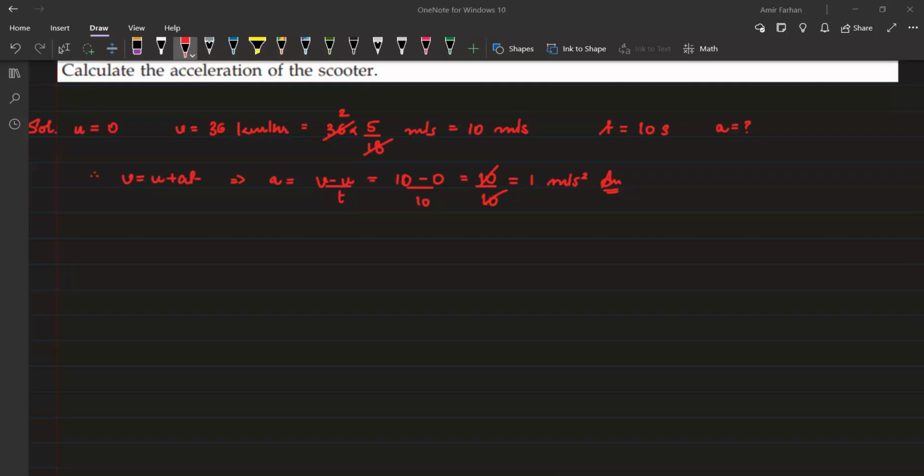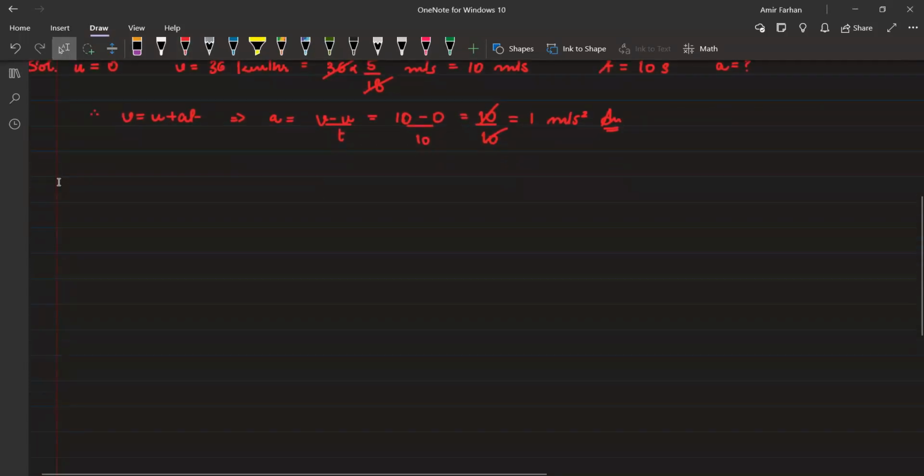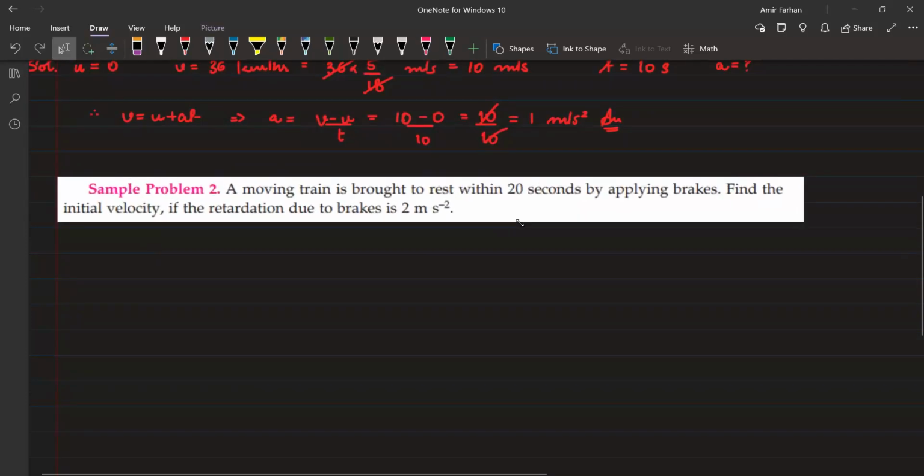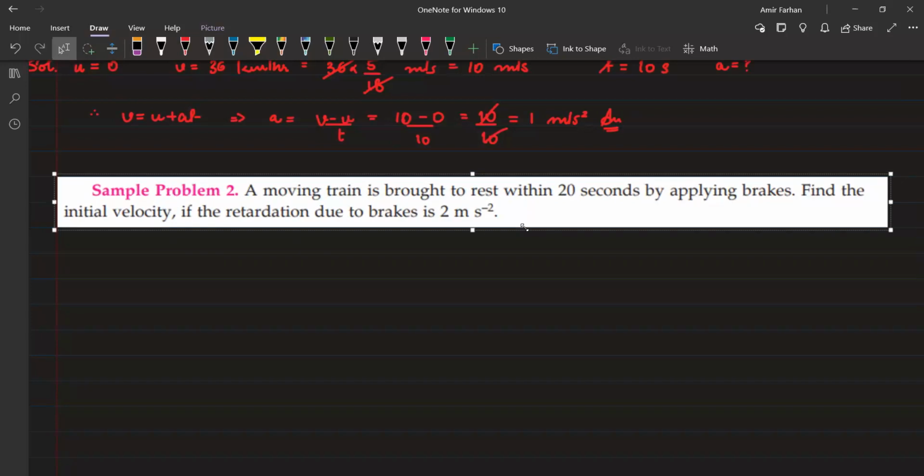Let's do one more question. This question is based on retardation. Retardation means the acceleration in the opposite direction. It means that you are in motion, but now you have to come to rest.